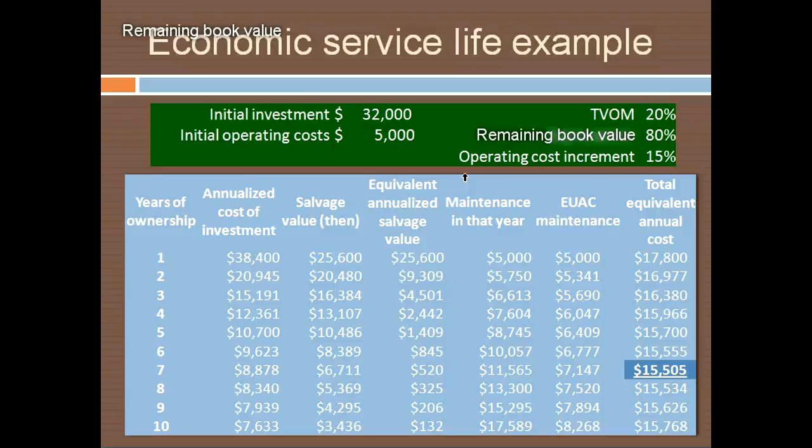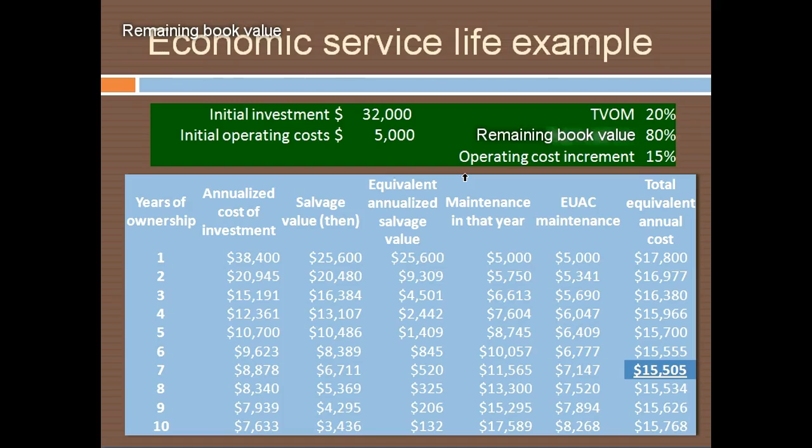And you see that for that column, the cheapest cost is when we hold the item for 7 years. That is the cost of 15,505, the minimum cost that we could get.